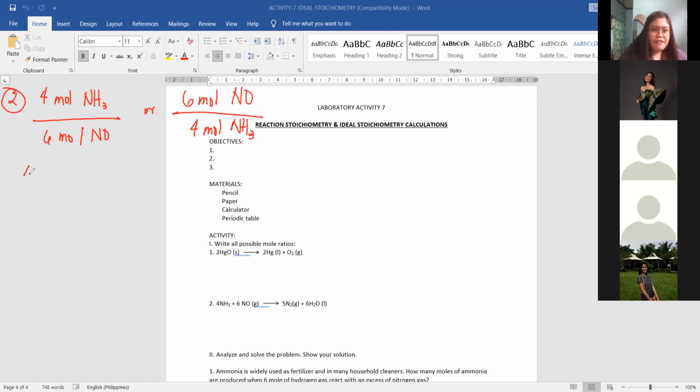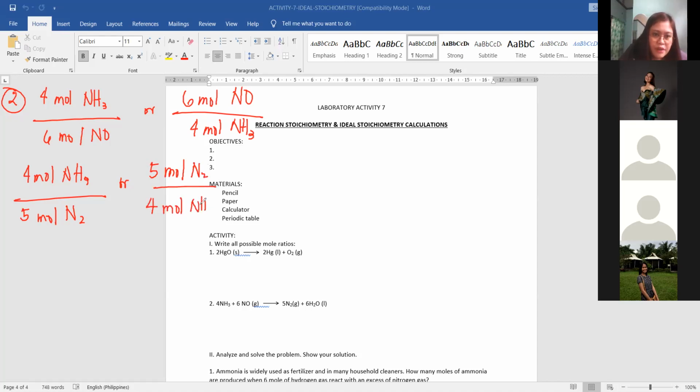Another thing, 4 moles of ammonia in the reaction will yield 5 moles of nitrogen. That's true also if you reverse it. 5 moles of nitrogen will be produced if you have 4 moles of ammonia. Okay?